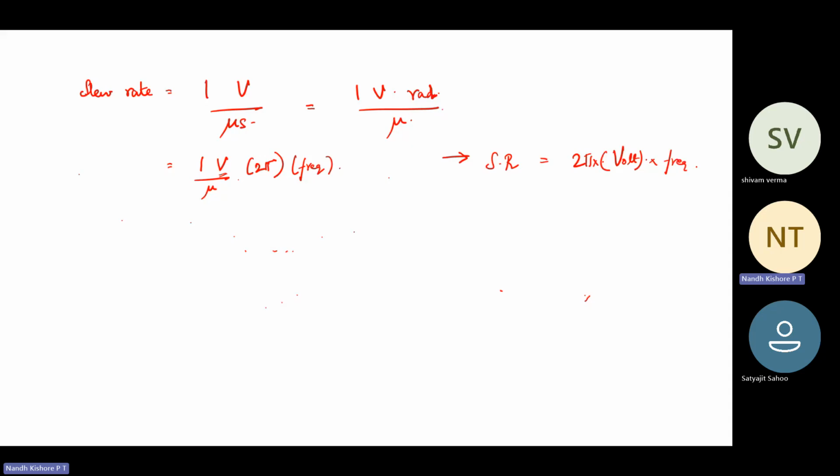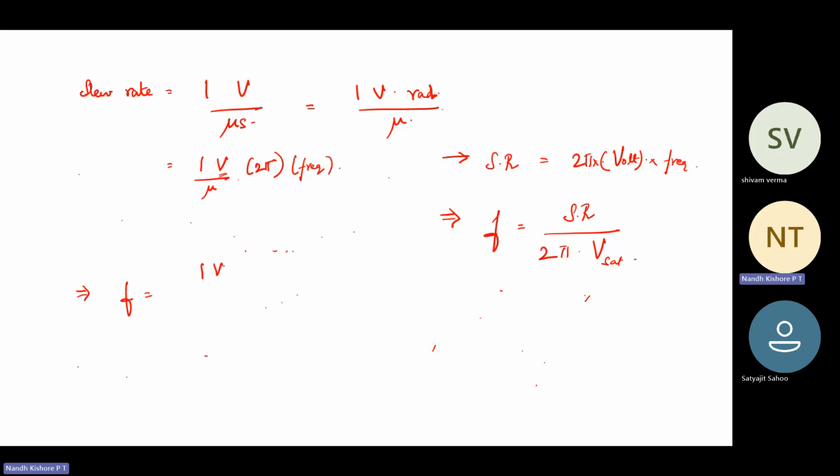This is where you would have seen the formula that F is equal to slew rate divided by 2 pi into V saturation.